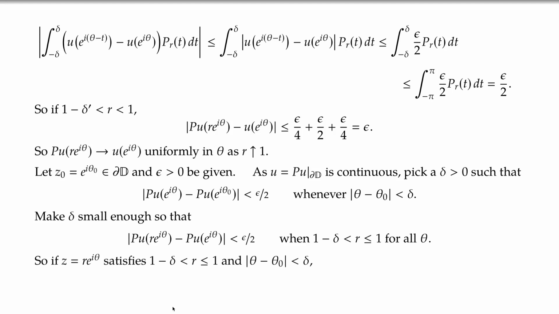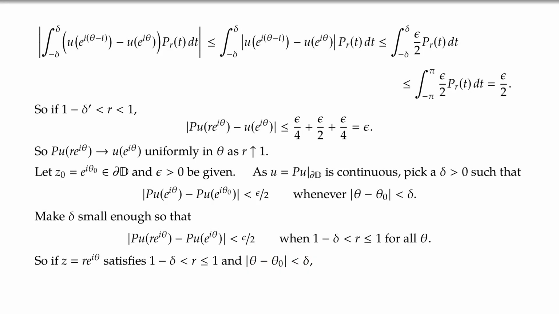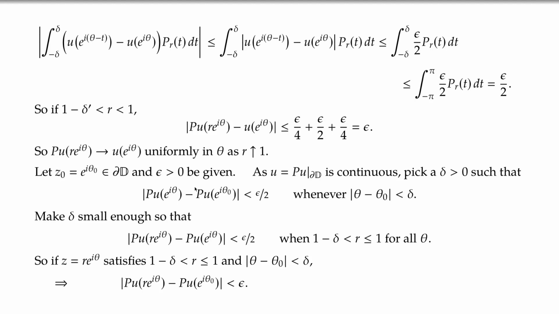So as long as z is in this polar box around theta naught, which is the same as z being close to e^{i theta naught}, I guess you could compute exactly what the distance is, but as long as z is this close to e^{i theta naught}, then by the triangle inequality, the classical thing, this is bounded by epsilon, and therefore pu is continuous at z naught.